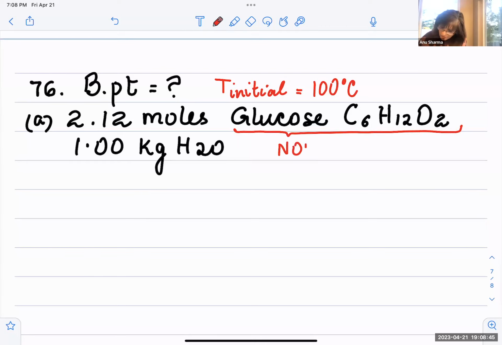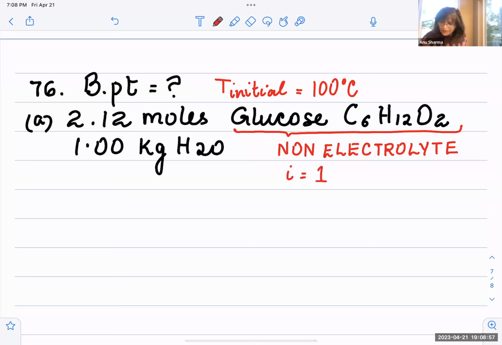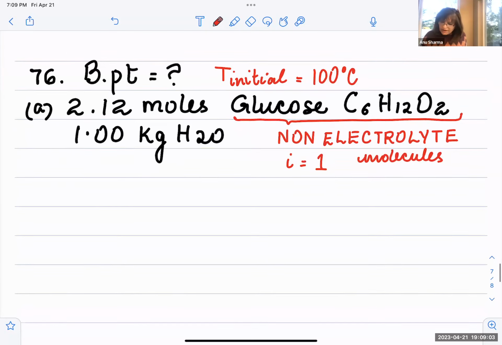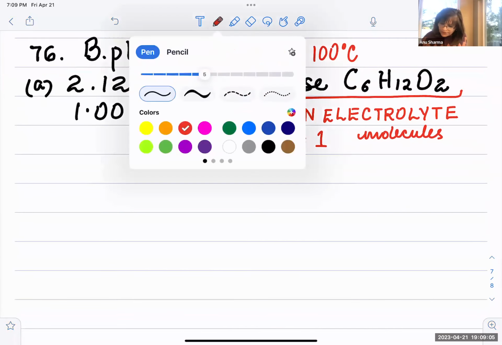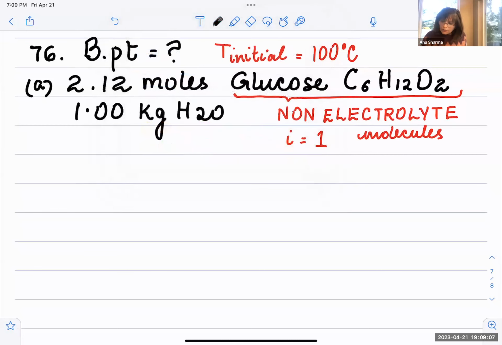For non-electrolytes, the ones that do not ionize, the Van 't Hoff factor, the value of i, is always 1. It cannot be 0 because these are still molecules, and they are going to have an impact on the boiling point and the freezing point of the water.